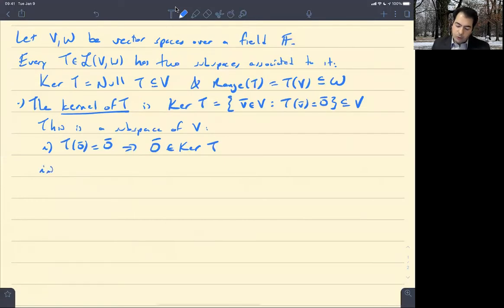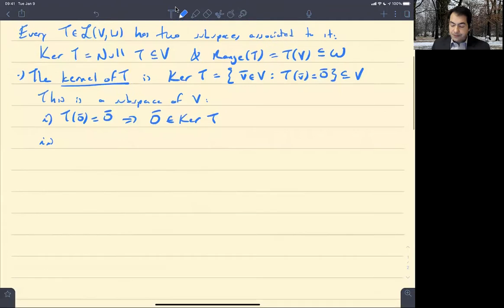Okay, next we need to check that this subset is closed under addition and scalar multiplication. Now, when we talked about checking that a map is linear, I pointed out that linear is the same as taking linear combinations to linear combinations.